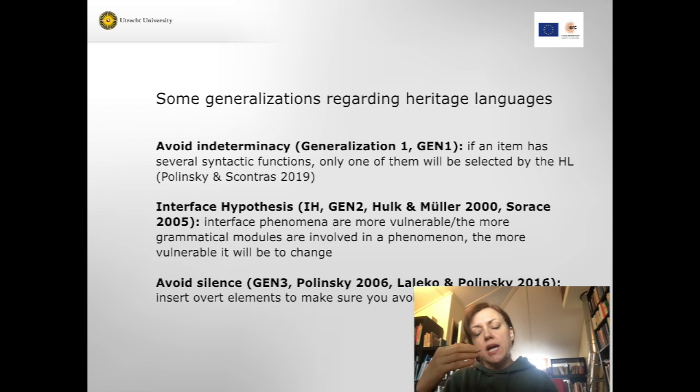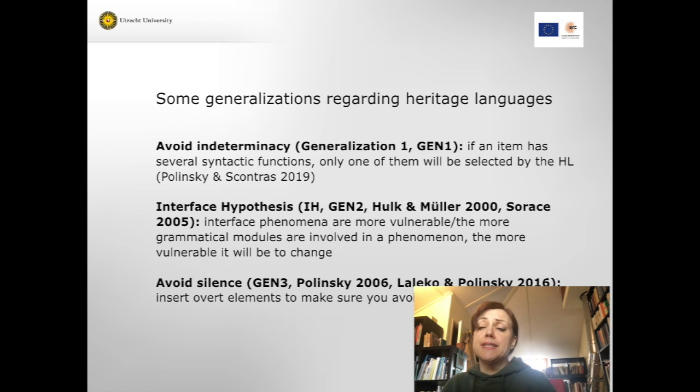So interface between syntax and phonology, syntax and semantics, syntax and pragmatics especially. In different papers you find different uses of this interface concept, but basically core syntactic phenomena are usually not so subject to change. You really have change penetrating from these directions involving interfaces with other modules.